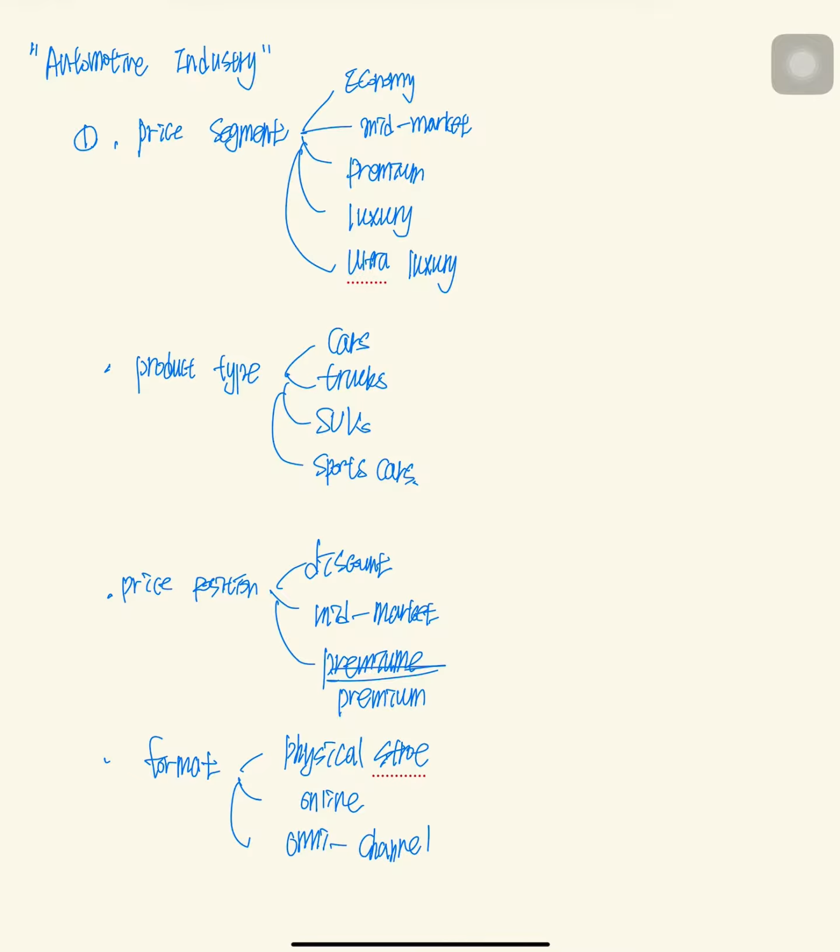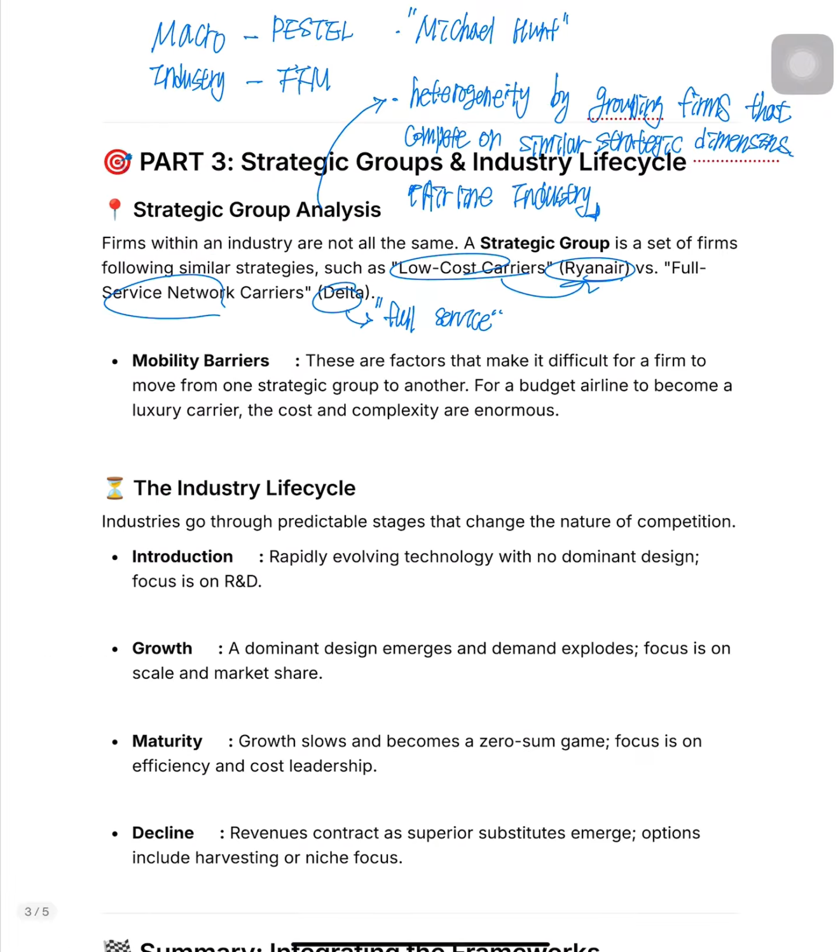Once you have identified the key strategic dimensions, you can create a strategic group map, a two-dimensional visual representation that plots firms according to their position on two key strategic dimensions. The result is a map that shows a cluster of firms, strategic groups, and the space between them. Creating a good strategic group map is more art than science.